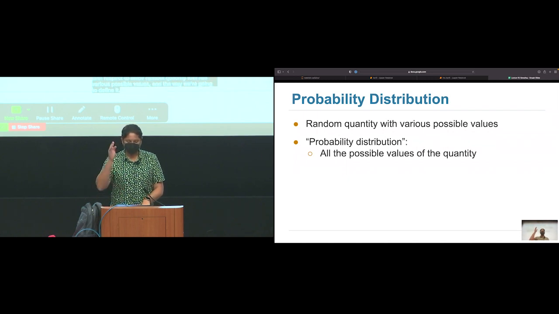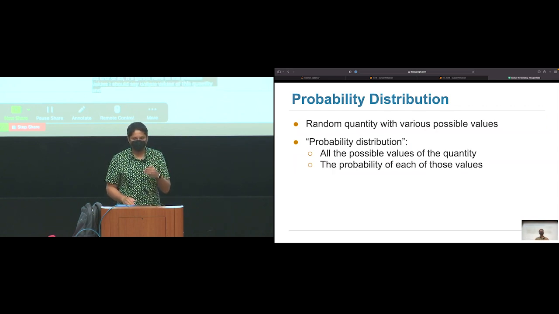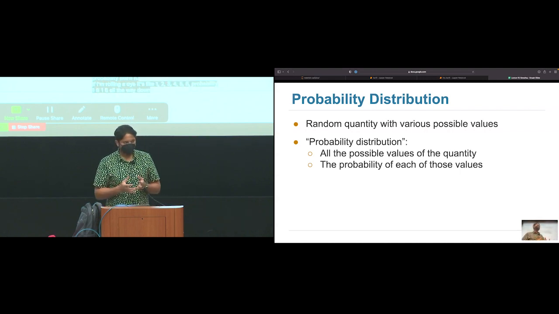First, it has all the possible unique values of this quantity. Then we have the probability of each of those values. So rather than proportion, we say probability. Heads, probability 0.5; tails, probability 0.5. If I'm rolling a die, it's 1, 2, 3, 4, 5, 6, each with probability 1/6, all the way down. That's how we think about a probability distribution.